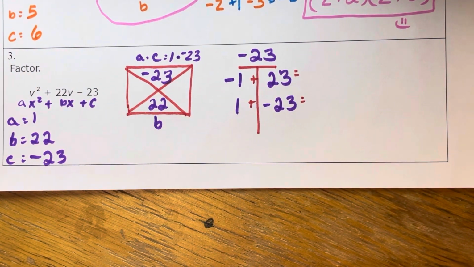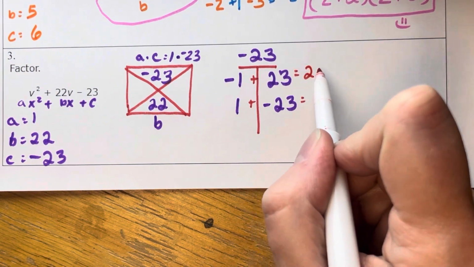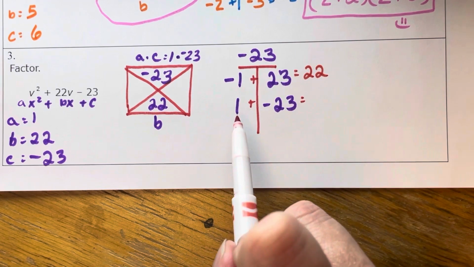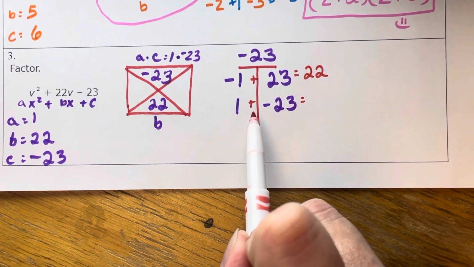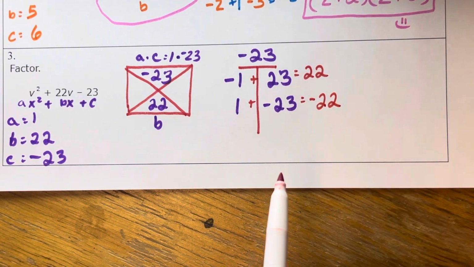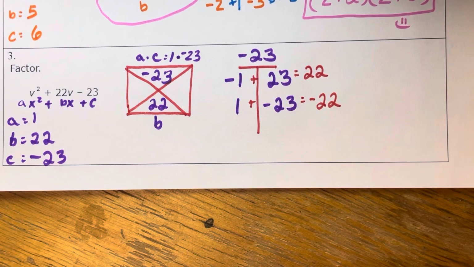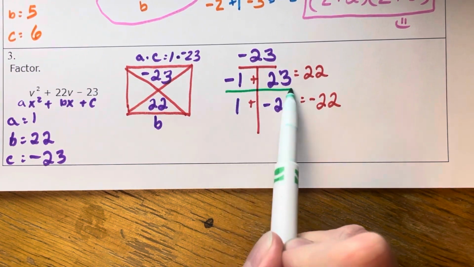So we've got negative 1 plus 23. That makes a positive 22. Versus positive 1 plus negative 23. That makes a negative 22. And we see here in our problem, in our box, that we actually need a positive 22.